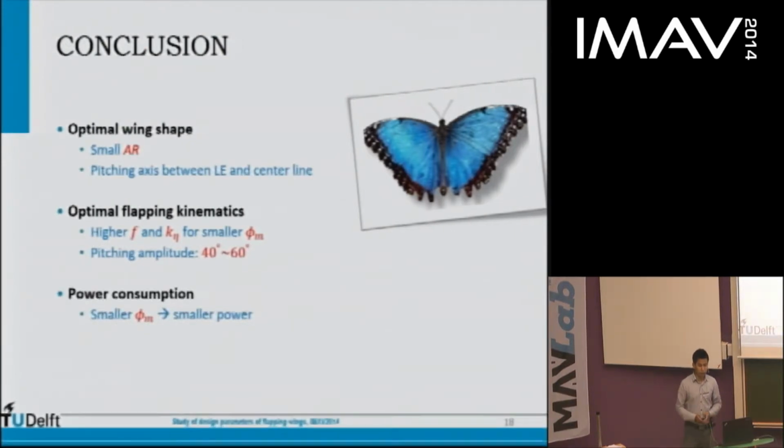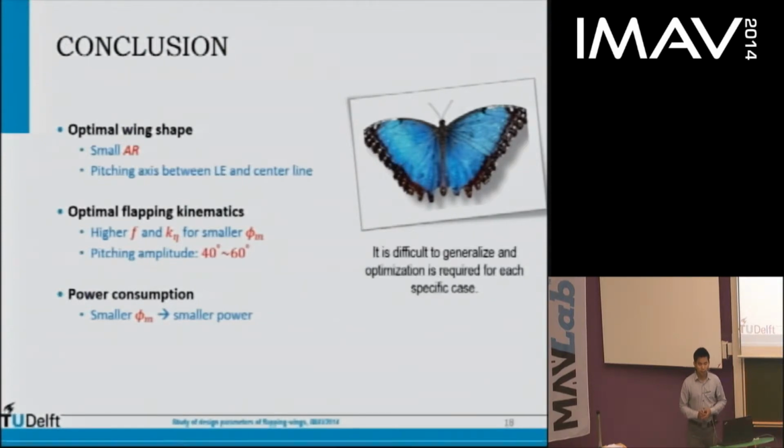As to the power consumption, smaller sweeping amplitude shows smaller power consumption for both cases. But it should be mentioned that it's still difficult to generalize this conclusion for different insect wing sizes, and optimization is probably necessary for specific cases.